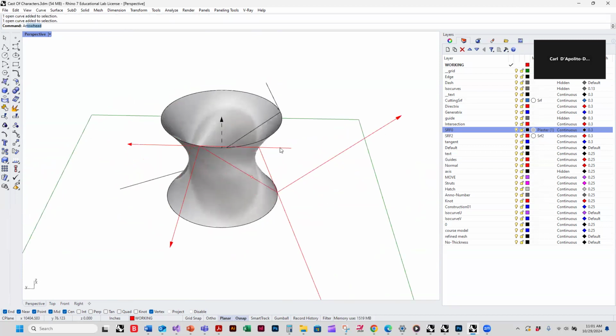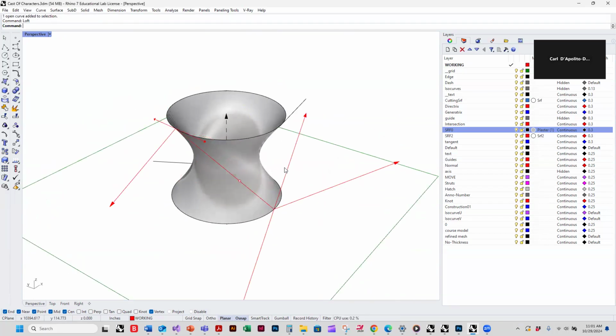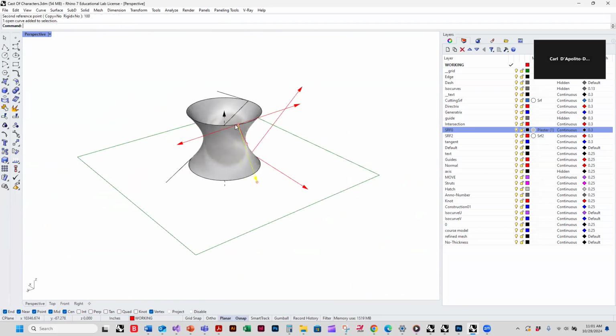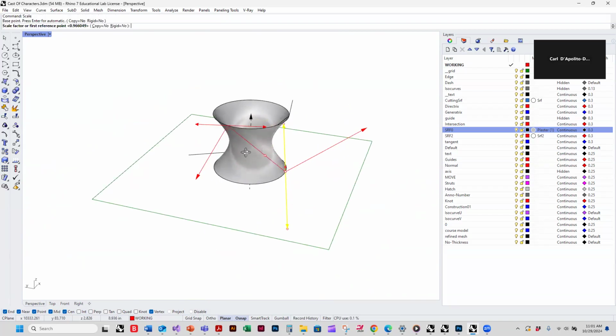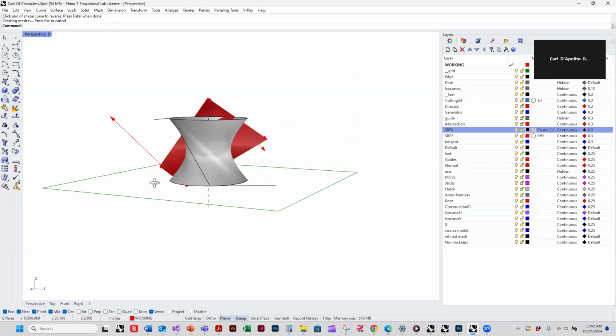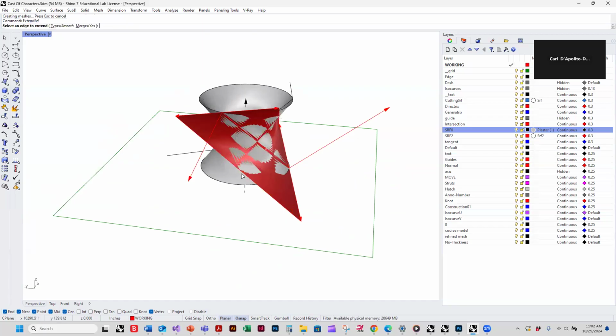So if I loft these two together, I'm going to make this 150. 80, 80. I loft these. That surface has a more perfect relationship with the hyperboloid.